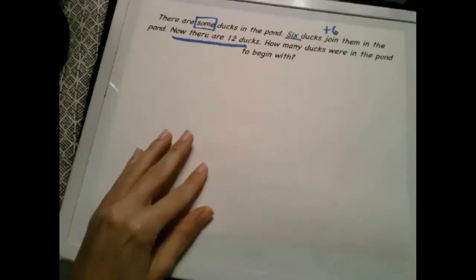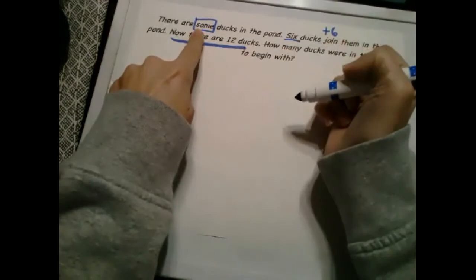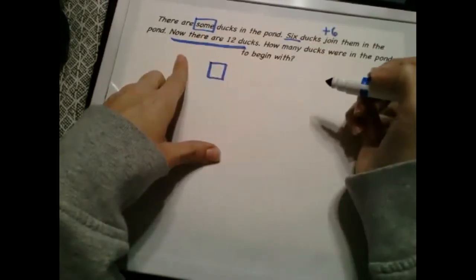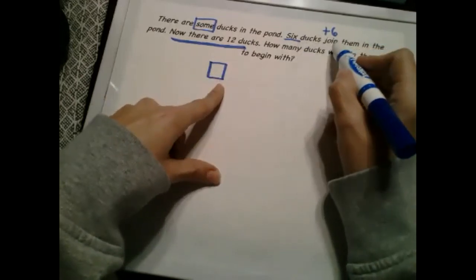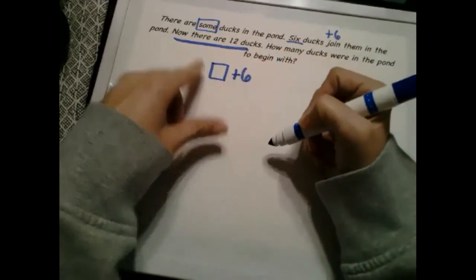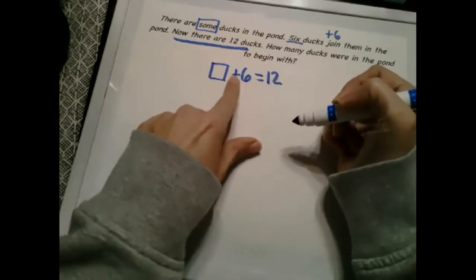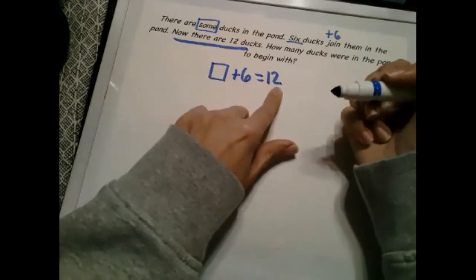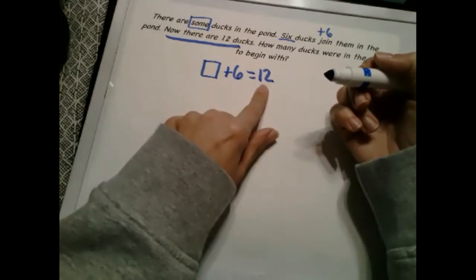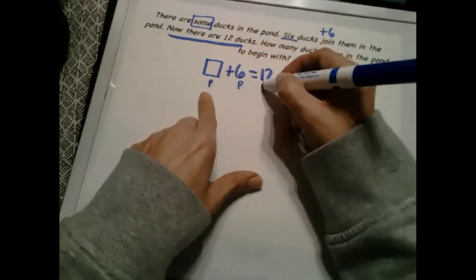Great job, mathematicians. So if you're writing out your problem, I don't know how many I started with, so I'm going to have a box. I know that 6 ducks joined them, so I'm going to add 6. And now there are 12. Something plus 6 equals 12. Let's think about how our numbers work and how we could do that. I know a part plus a part equals our whole.